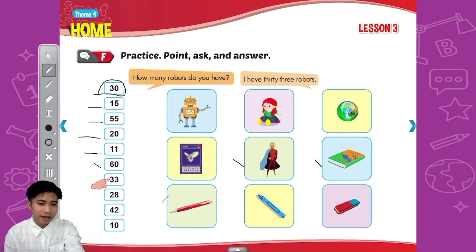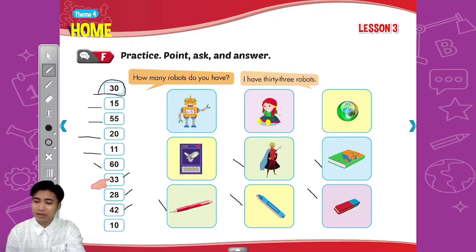How many pens do you have? I have 33 pens. Next one is crayons. How many crayons do you have? I have 28 crayons. How many erasers do you have? I have 42 erasers. Okay, just like that.